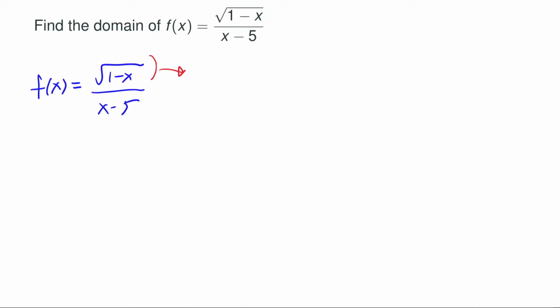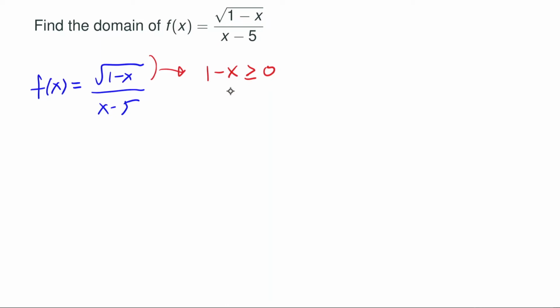We know that a square root cannot have a negative number inside, but 0 is okay. So inside of the square root, 1 minus x must be greater than or equal to 0.